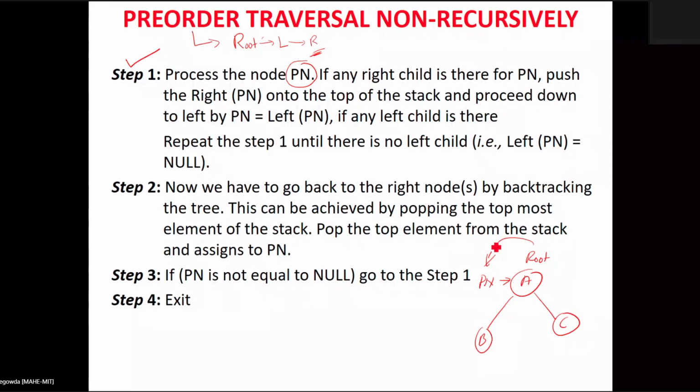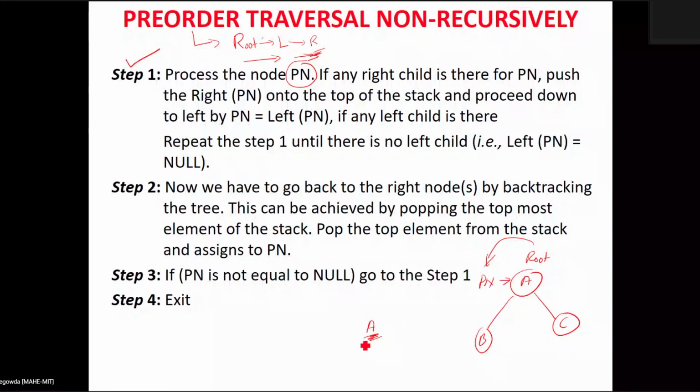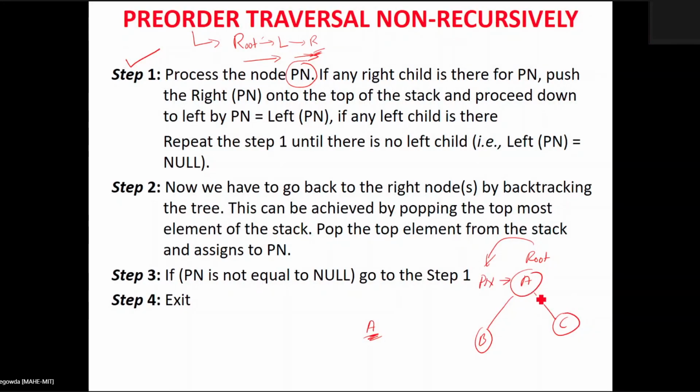According to the preordered traversal, you have to visit the nodes in this manner: root followed by left followed by right. Since we have visited the root here, you need to process that information, so you output the root node value, that is A. Once it is done, you have to check whether this particular node has a right subtree or not.